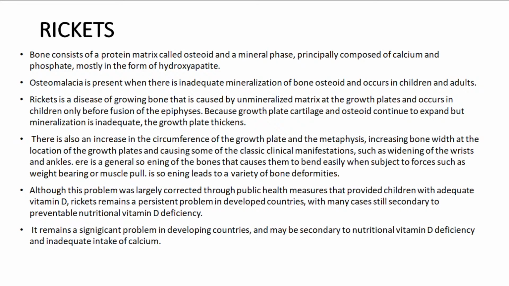Because growth plate cartilage and osteoid continue to expand but mineralization is inadequate, the growth plate thickens. There is also an increase in the circumference of the growth plate and the metaphysis, increasing bone width at the location of the growth plates and causing some of the classic clinical manifestations such as widening of the wrist and ankles.